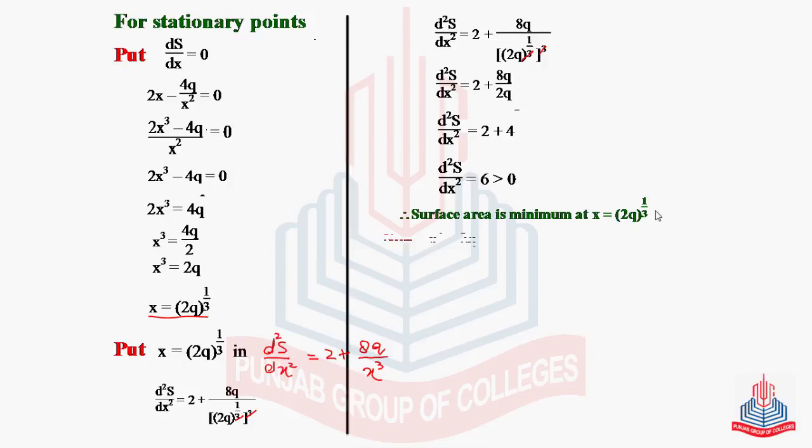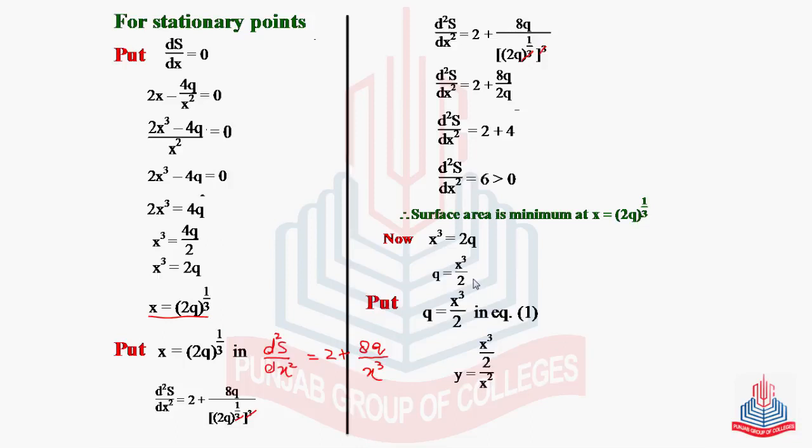Now x cube can be written as 2q, just taking cube on both sides of this value, so that will become x cube equals 2q, and from this equation q is equal to x cube over 2, and put q is equal to x cube over 2 in equation number 1, which was y is equal to q over x square.